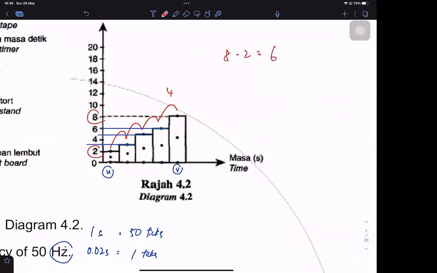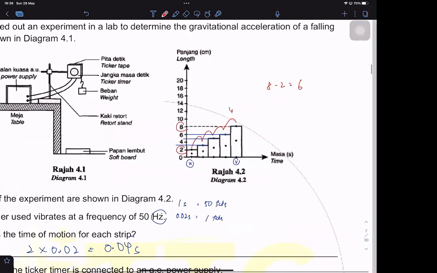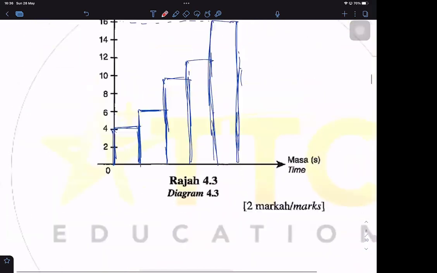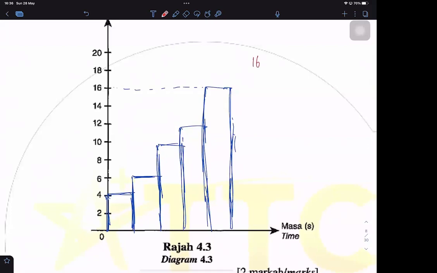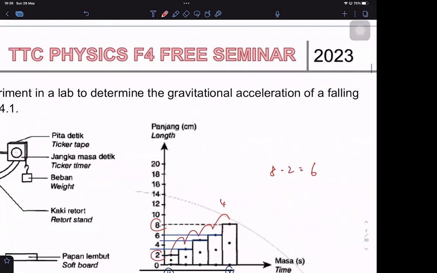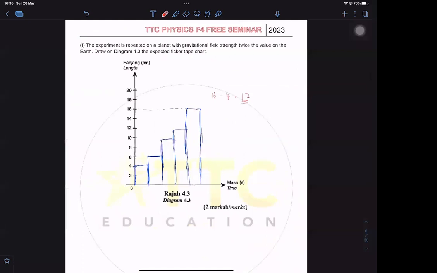If we get the difference of double that, then we get double the acceleration. So here, the difference is 16 and 4, that's 12. So 12 is the double of 6, so we will get double the acceleration. That's what we expect from the ticker tape chart.